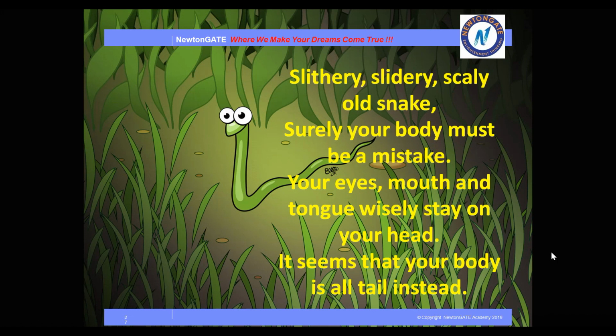So this is an example of an alliteration. Yes, my dear, you all are correct. So here you can see that there is a repetition of the consonant S several times in the poem. Slithery, slidery, scaly old snake. So this makes it an example of alliteration.